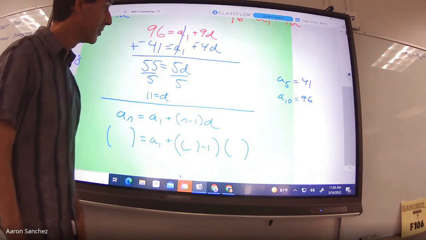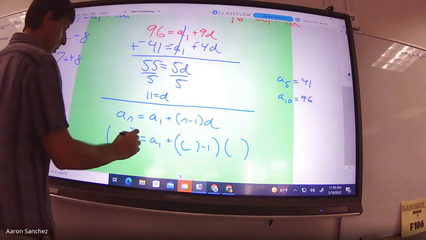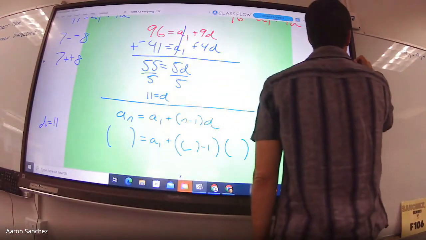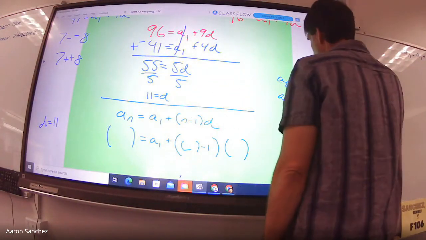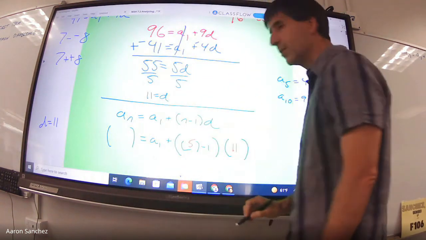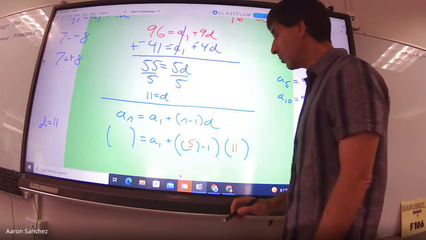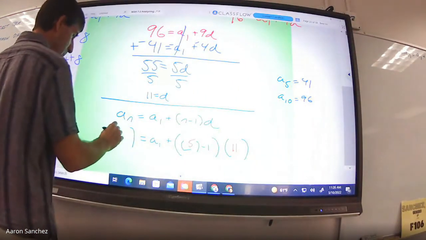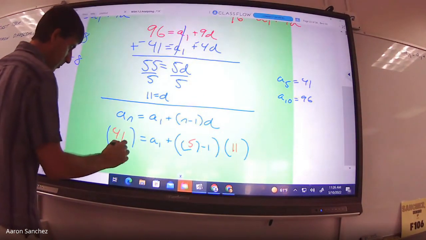A sub 5? Okay, so I'll do it in red. Let's plug in the easy ones. We have the n as 5. We have the common difference as 11, right? And then we have 41.